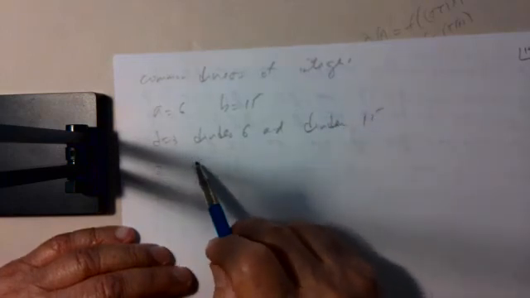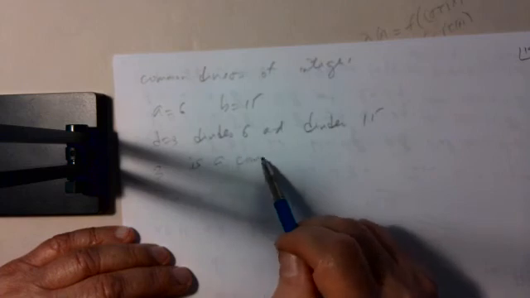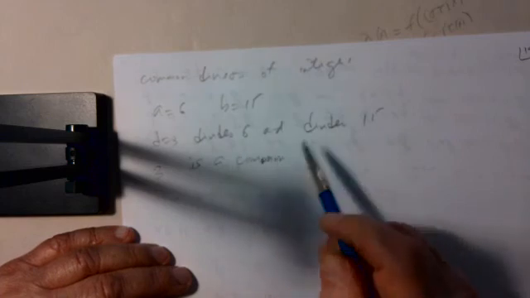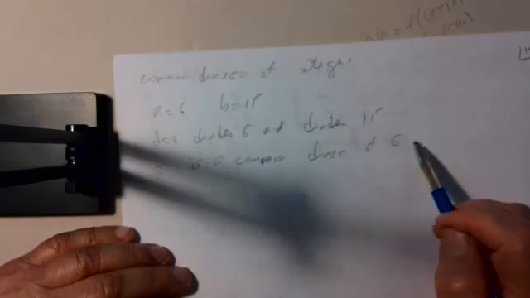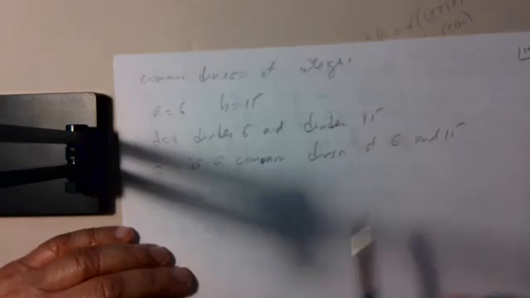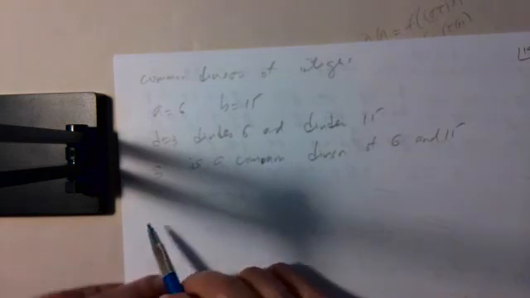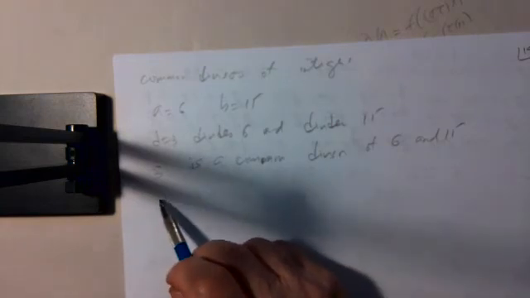So we say 3 is a common divisor of 6 and 15. And in fact, it's the largest common divisor of 6 and 15. Of course, 1 also is a common divisor, right?